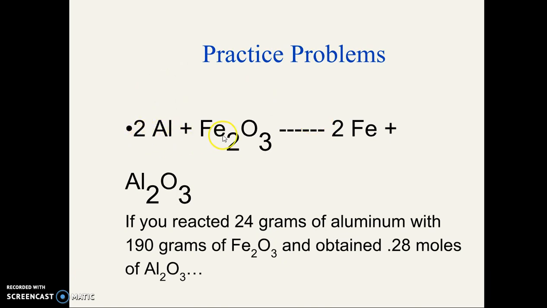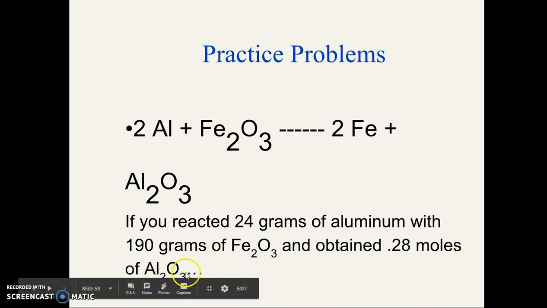I'm trying to figure out Al2O3. If I have 24 grams of aluminum, how much Al2O3 can I make? And if I had 190 grams of Fe2O3, the iron 3 oxide, how much can I make? So you're going to have to convert these to moles and then go through and do your mole ratios.